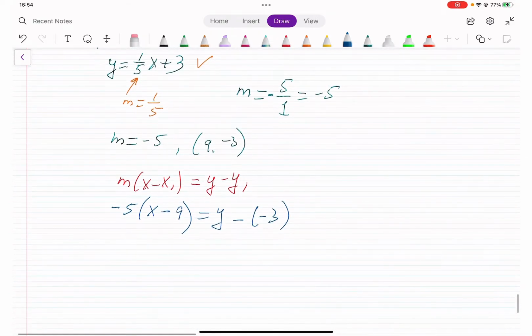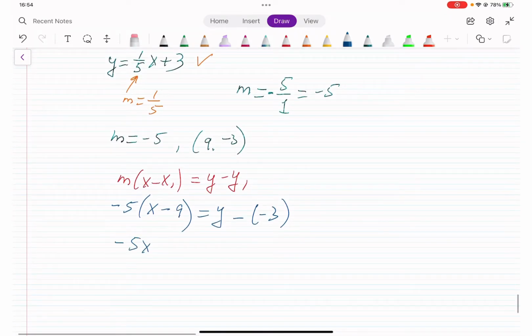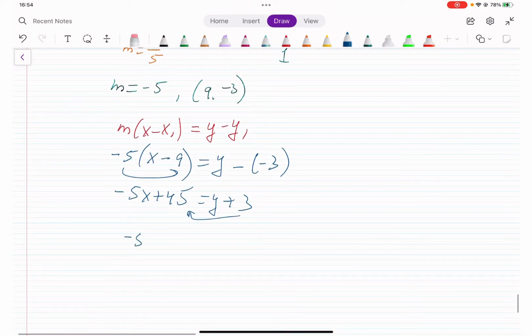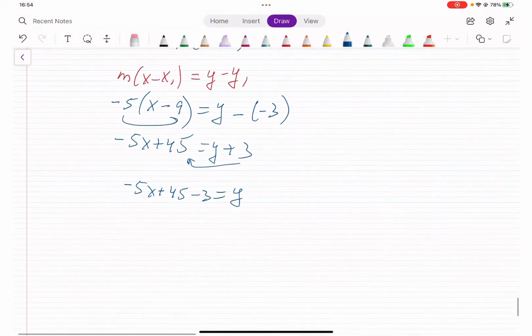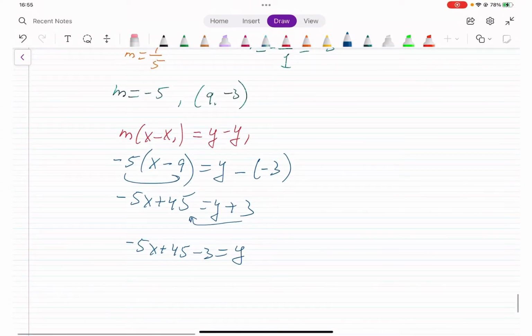Okay, from here we are getting -5x plus 45 equal y plus 3. Moving this positive 3 to this side, we are getting -5x plus 45 minus 3 is equal y. And from here, actually this form, let me write down this form.